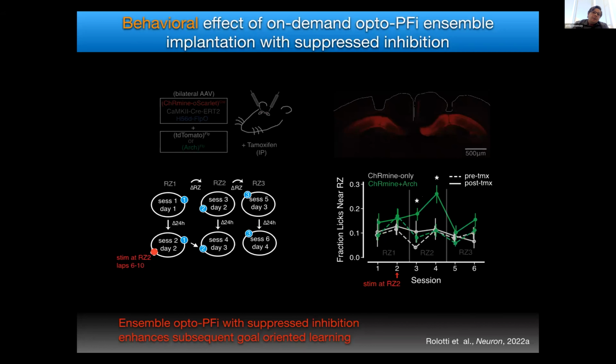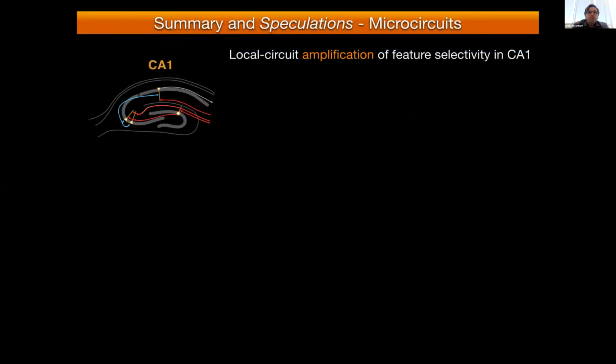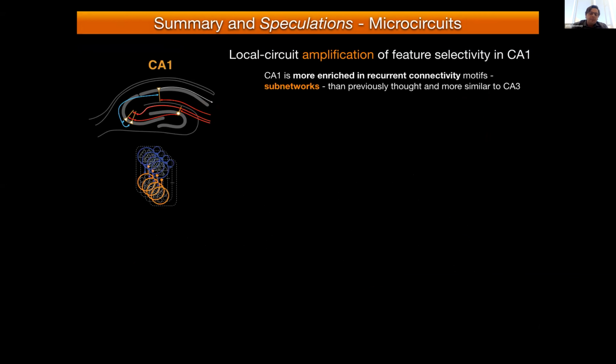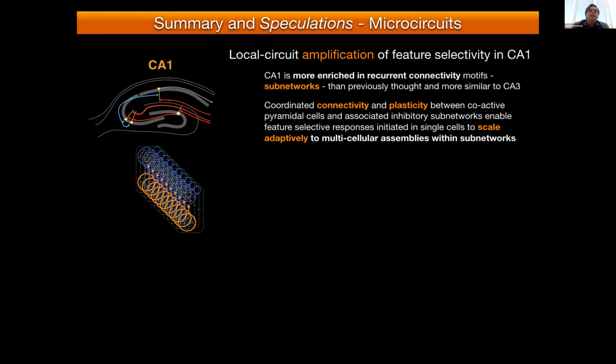So this is perhaps one of the first causal demonstrations that place cells and place cell maps have a role in spatial learning. I summarize this first part very quickly. What we found is that CA1 cells do not operate in isolation. Rather, CA1 is more enriched in excitatory connectivity motifs than we previously thought.